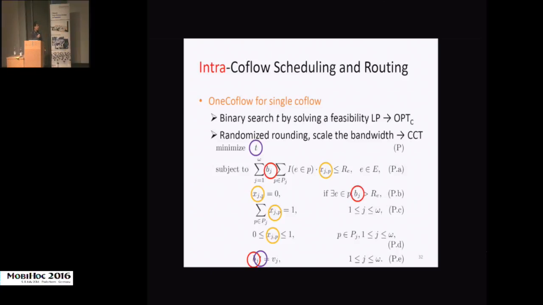So we further design a randomized algorithm to round the variables. And after the randomized rounding, we further scale the flow bandwidth, and this is to make each flow feasible, and secondly, this is to fully utilize the link capacity.